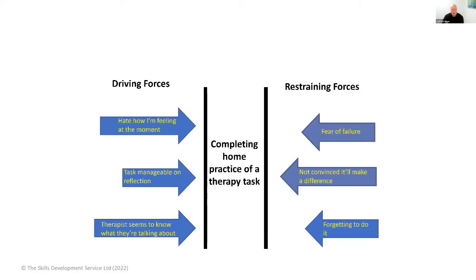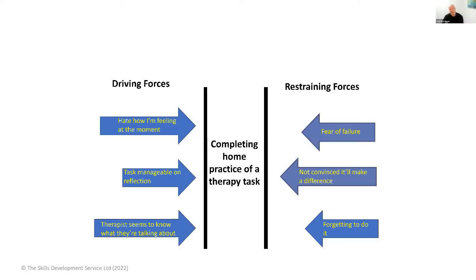But if we looked at fear of failure, for instance, one of the things that we could spend our time with our client on is looking at the various things in their life currently that they are competent at doing. We could look maybe at other things that they've previously achieved, despite the fact that those have been challenging for them.